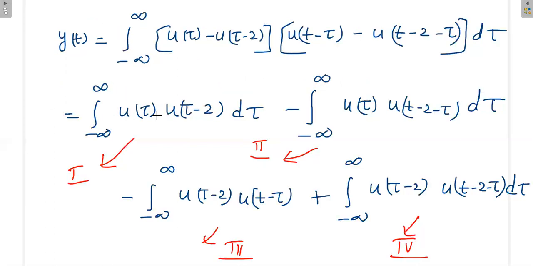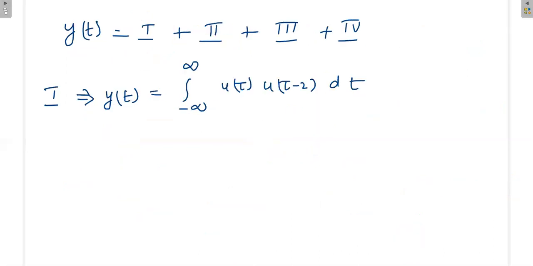We have written it wrongly: u of tau multiplied with this one is u of tau, u of t minus tau, d tau.